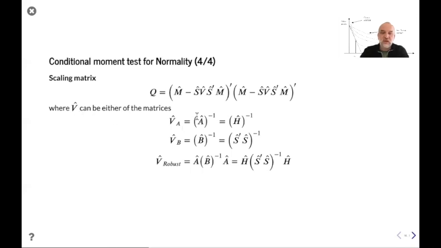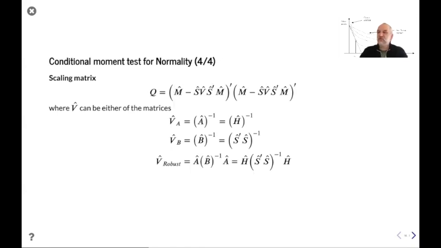And V here could be the variance covariance matrix from the Tobit model, that you can estimate in different forms. You can use the inverse of the Hessian or the inverse of the outer product of the scores, or you can calculate the robust variance covariance matrix, which is probably the best thing to do in this case anyway. But all these matrices can be computed, and then you have your test statistic.